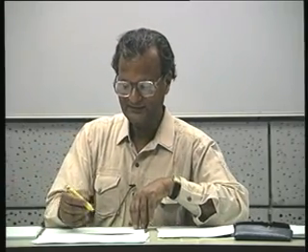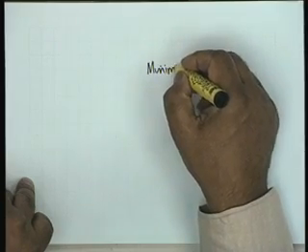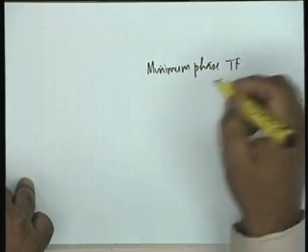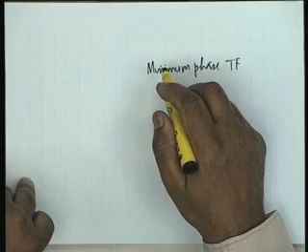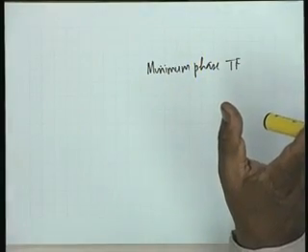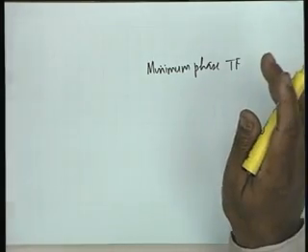Okay. The other two terms that we have already introduced, we would like to recall at this point. Do you recall what is a minimum phase transfer function? Poles and zeros left half plane. Poles of any transfer function have to be in the left half plane. They cannot be in the right half plane. So it is the zeros.